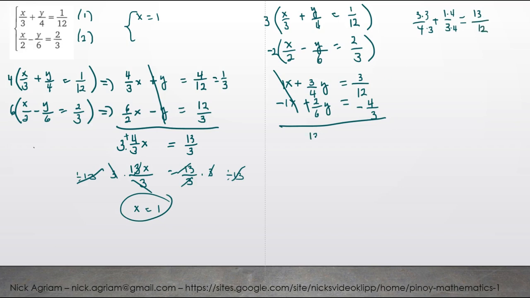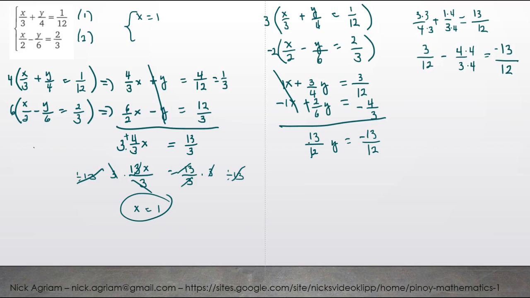So we have 13/12 y is equal to, since we have 12 as our denominator now, then I need to use that also. 3/12 minus 4/3. So if I'm going to multiply this by 4, then we have 3 minus 16 is negative 13 divided by 12. That is negative 13/12.